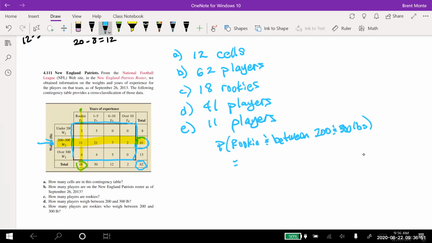Well, to find that, again, it's going to be the 11 that we had. We're just using F over N, 11 of those players out of the 62. And so then we could just do a quick calculation. Let me pull up my calculator. 11 divided by 62 and I get, to 3 decimal places, 0.177.